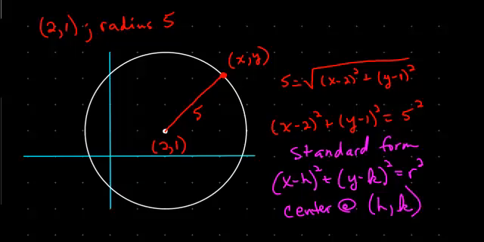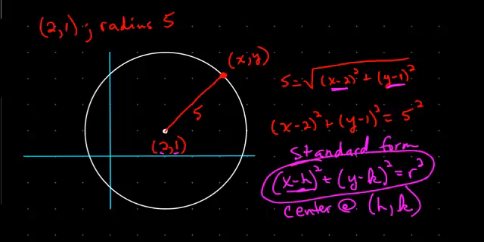So in ours here, we had the center at 2, 1, so x minus h is x minus 2, y minus k is y minus 1, and you see that we get a circle. This is going to give us our standard form. If we know the radius and we know the center, we can easily get a circle in standard form.